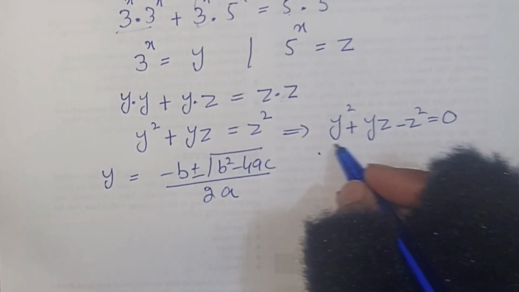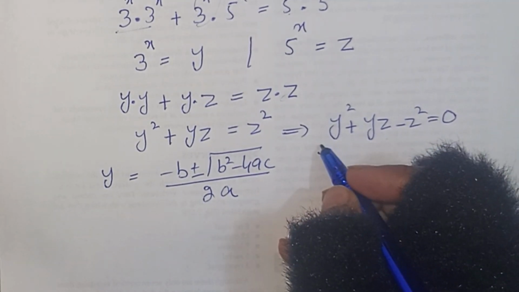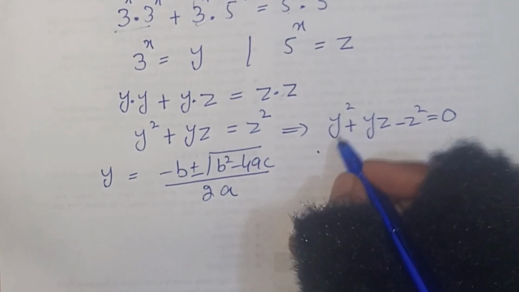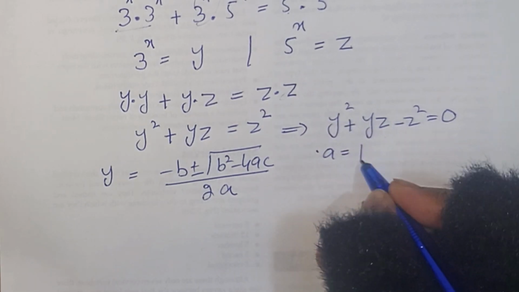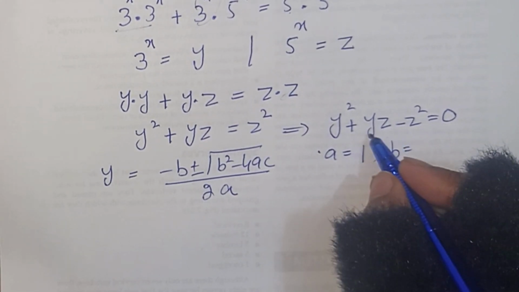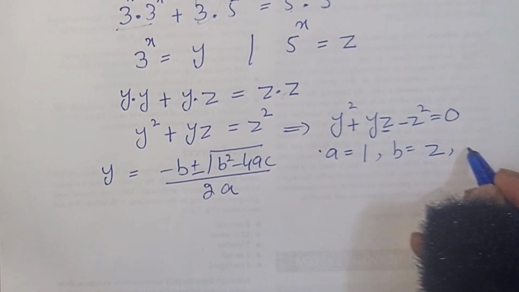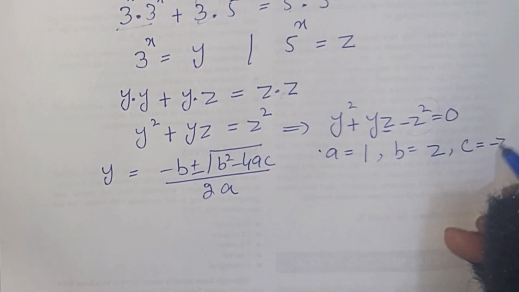Now we separate the values of a, b and c. a is the coefficient of y square, which is 1, b is the coefficient of y, which is z, and the constant c is minus z square.